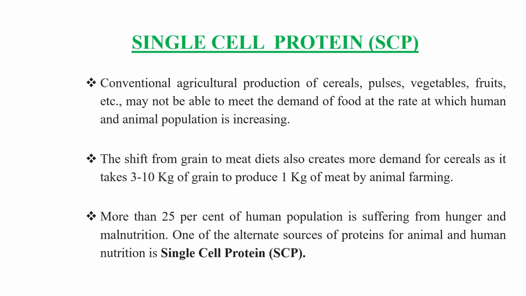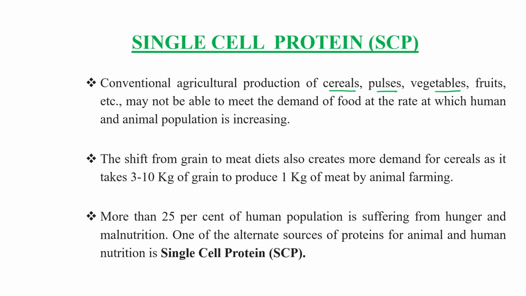abroad also. So the next topic which we are going to discuss over here is single cell protein. Conventional agriculture production of various cereals, pulses, vegetables, fruits may not be able to meet the demand of food at the rate at which human and animal population is increasing.